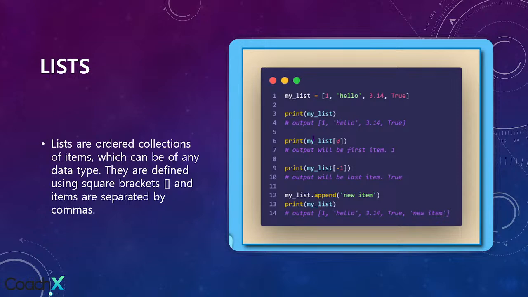Next we have the list. It's a simple term. Suppose you want to store some elements, and those elements should be in some sequential order. For that purpose you can use a list.